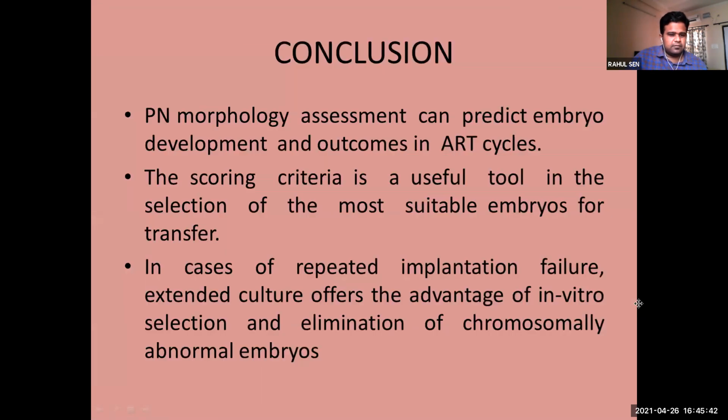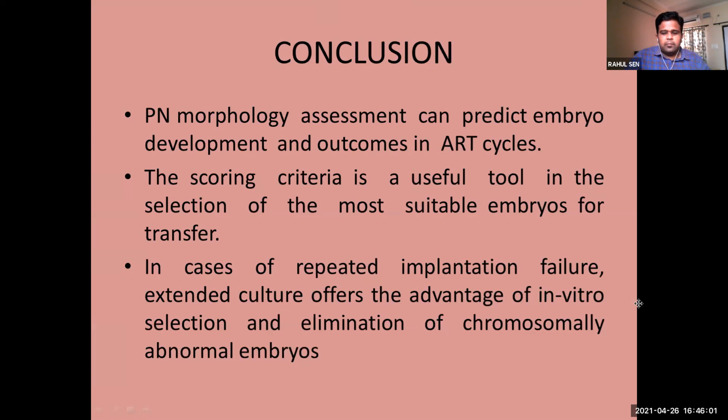So, coming to the conclusion, pronuclear morphology assessment can predict embryo development and outcomes in ART cycles. The scoring criteria is a very useful tool in selecting the most suitable embryo for transfer.